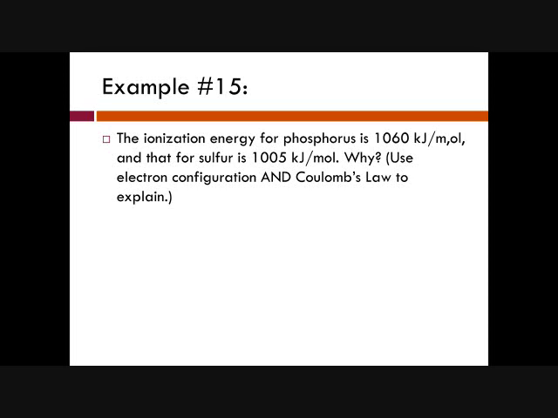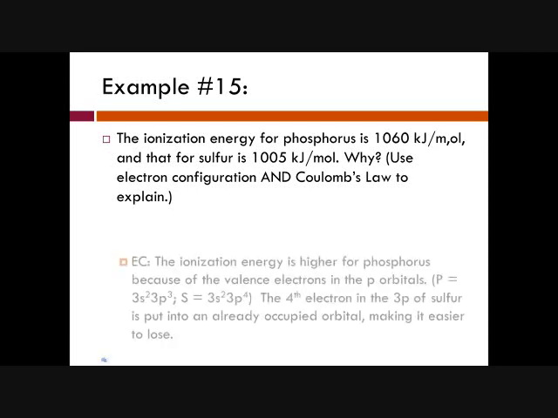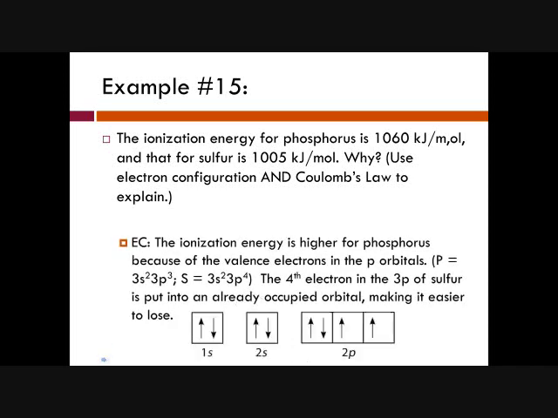So I have the answers here. The first one I have to talk about is the electron configuration. Phosphorus has 15 electrons, sulfur has 16 electrons, right? So for phosphorus, the valence electrons are 3s2 and 3p3.